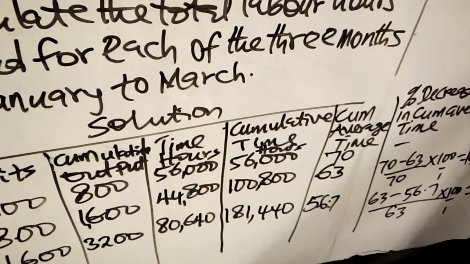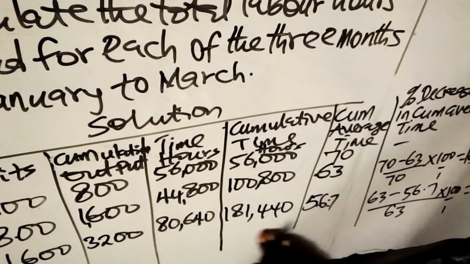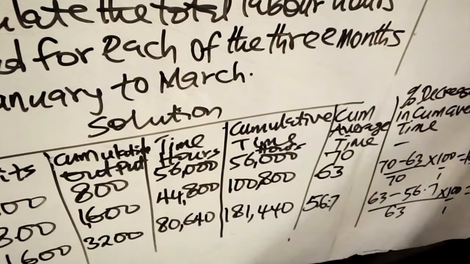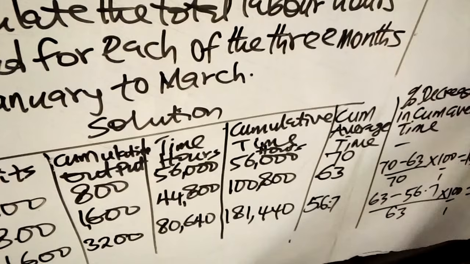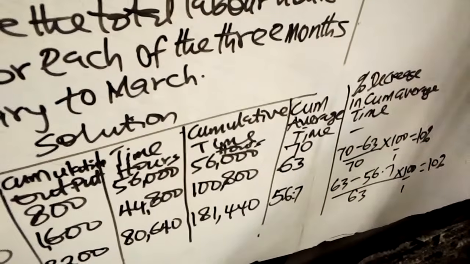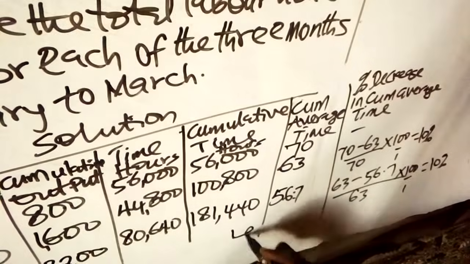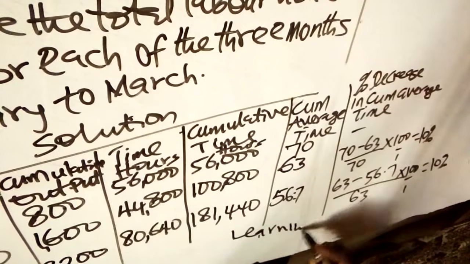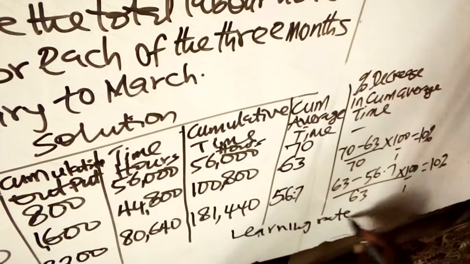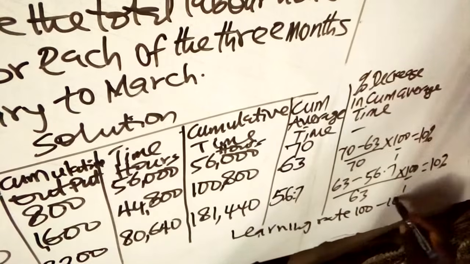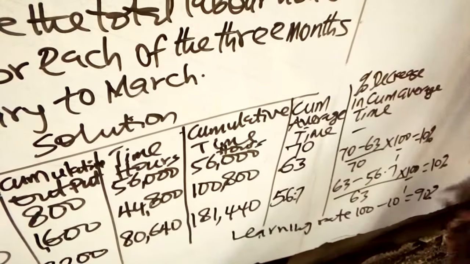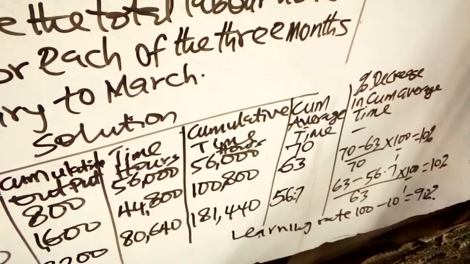So the percentage decrease in cumulative average time is 10%. Therefore, our learning rate will be 100 minus 10, which is 90%. That is with the use of the tabular approach.